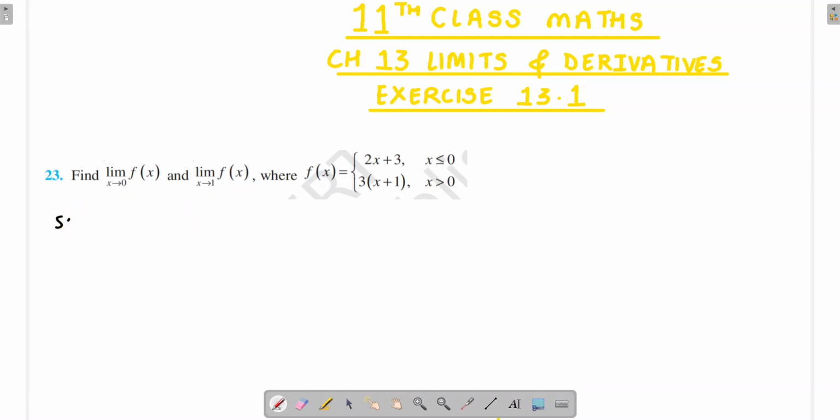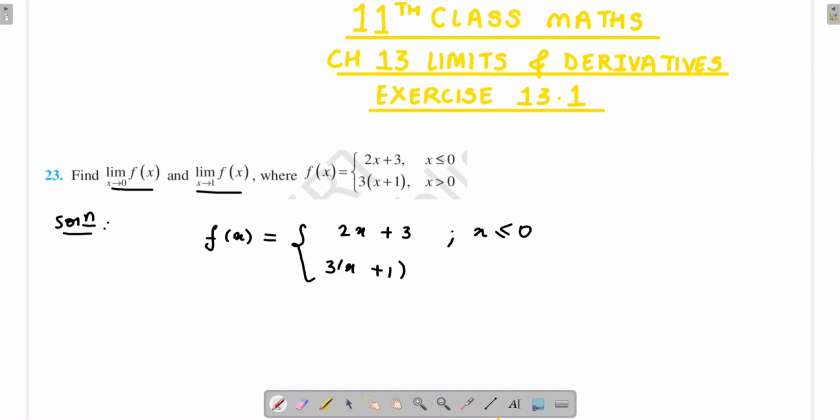So there are two parts for this problem. First is limit x tends to 0 of f(x), and then limit x tends to 1 of f(x). Let us look at the first part. Here first we have to look at f(x), which is the function: 2x plus 3 when x is less than or equal to 0, and 3 times (x plus 1) when x is greater than 0.